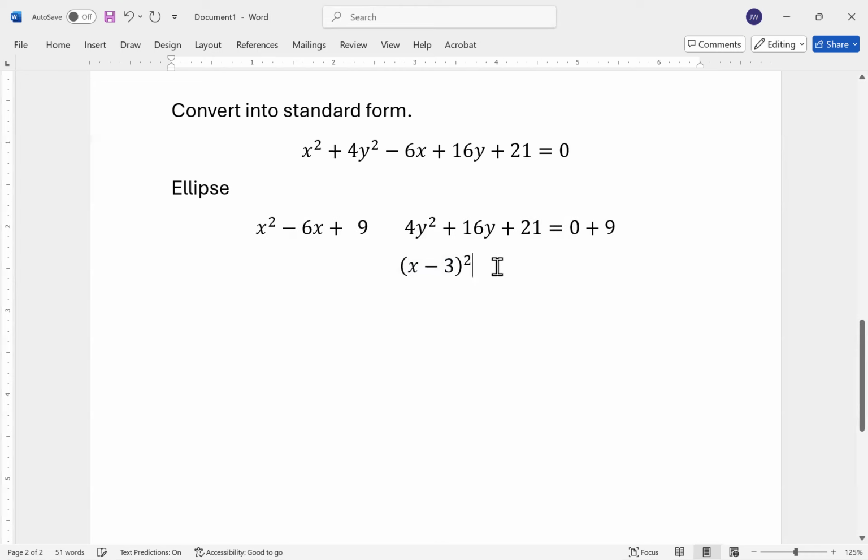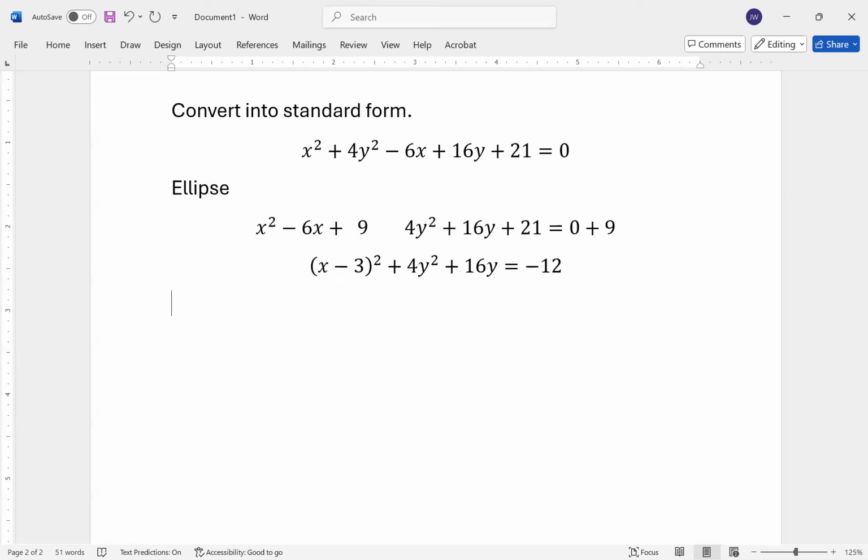And now this equation is this perfect square plus 4y squared plus 16y. I think I'll subtract 21 from both sides as well while I'm doing this. 9 minus 21 would be a negative 12. So I'd end up with that.